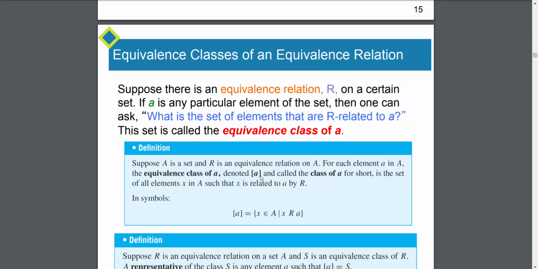So for each element A in the set A, the equivalence class of A, denoted by the symbol and called the class of A for short, is the set of all elements X in A such that X is related to A by this relationship.